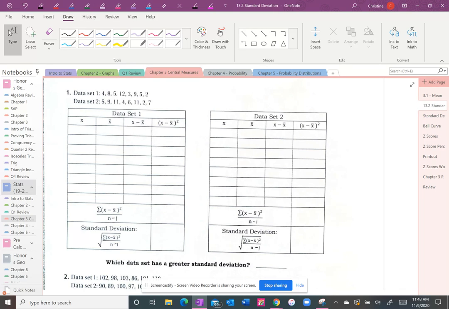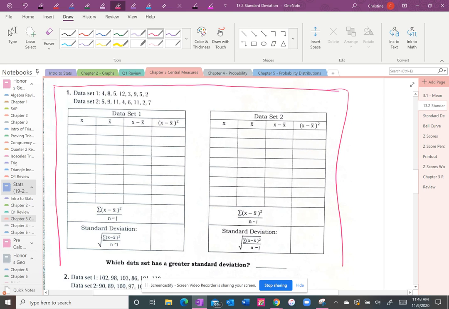I don't know. I'm just talking to myself. I'm going to put this somewhere and you can fill in the answers. Maybe I'll make it on a spreadsheet. And then you're going to answer which one has a greater standard deviation.